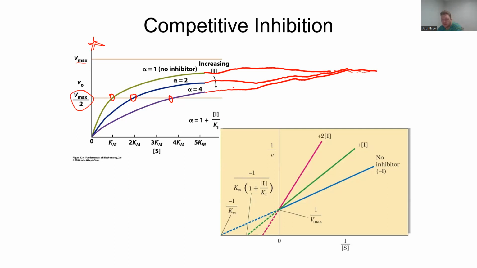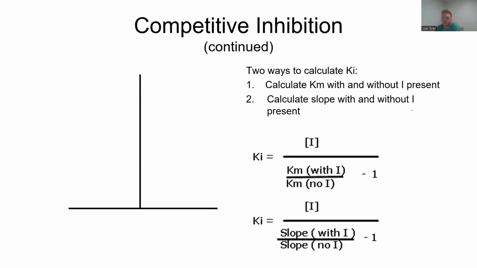What does that look like on a Lineweaver-Burk plot? Well, that means the slope of your line, with no inhibitor, gets more steep and even more steep. Your slope increases. So for competitive inhibition, there's a couple of ways to calculate the Ki.